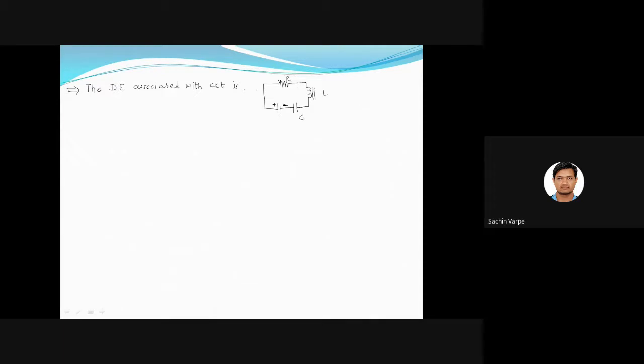So let us write the differential equation associated with this circuit. What is the differential equation? Yes, voltage drops by Kirchhoff's law.